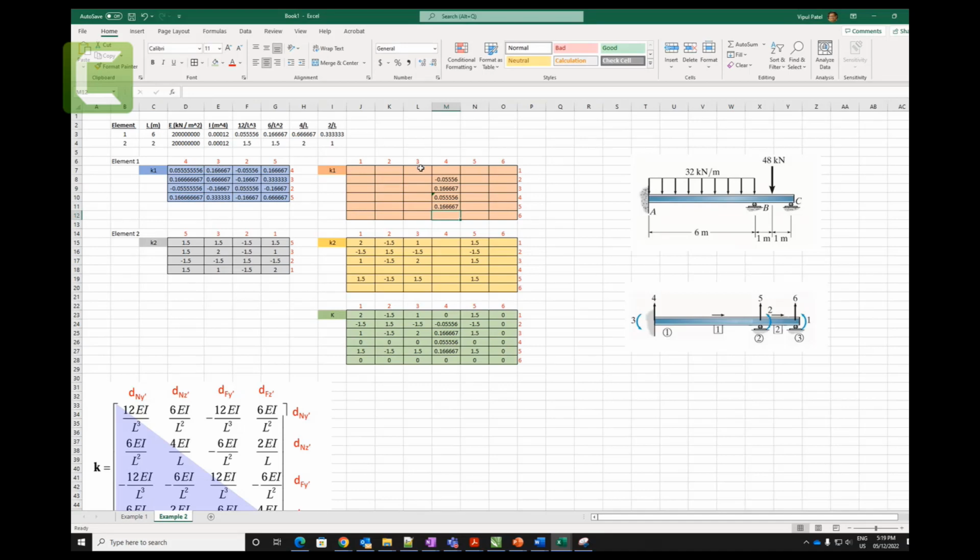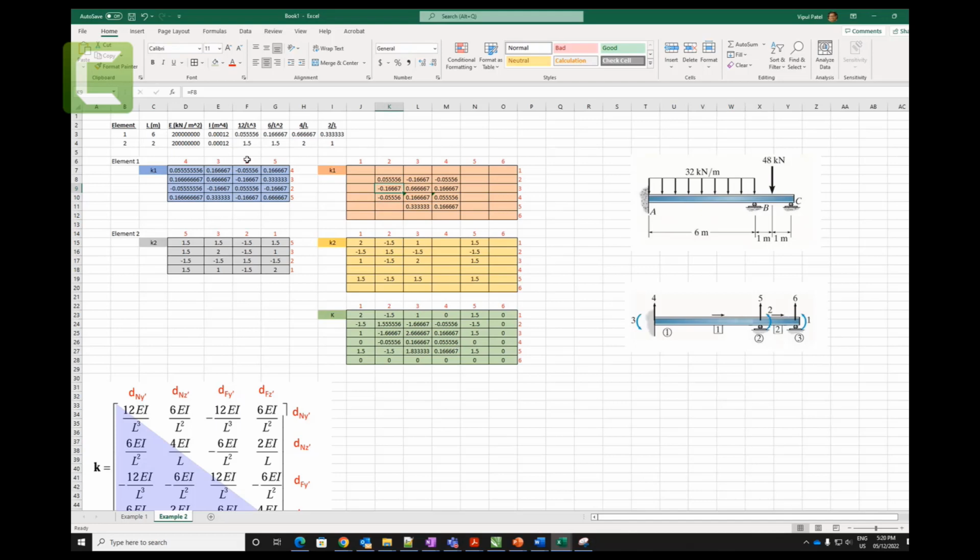Now column 3, 4, 3, 3, 3, 2, and 3, 5. And then you will get 2, 4, 2, 3, 2, 2, 2, 5.